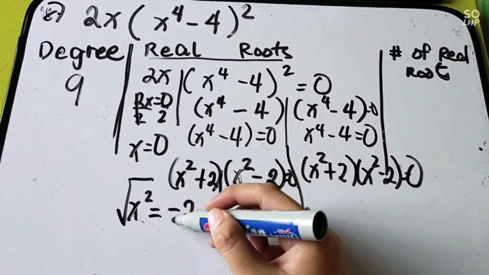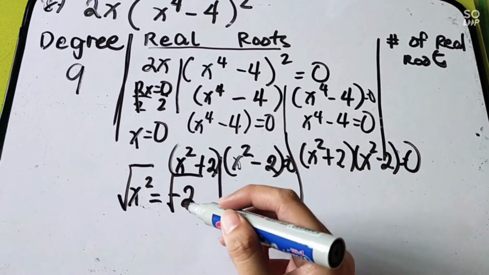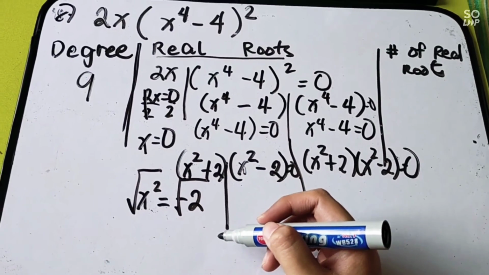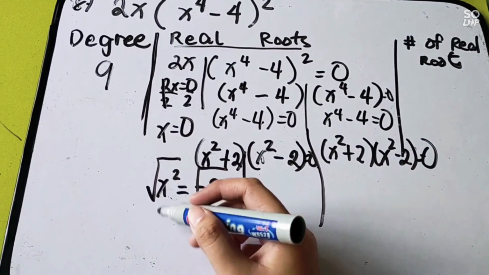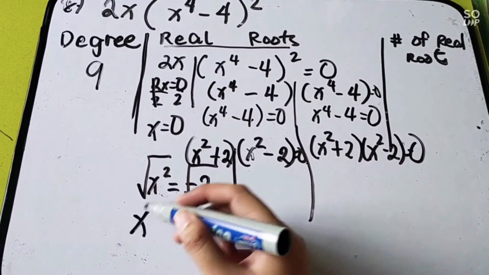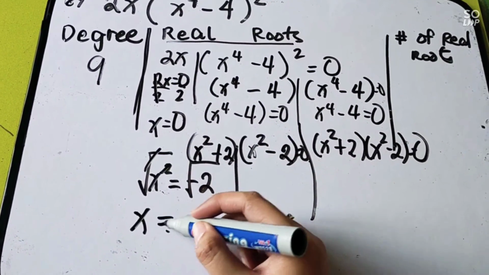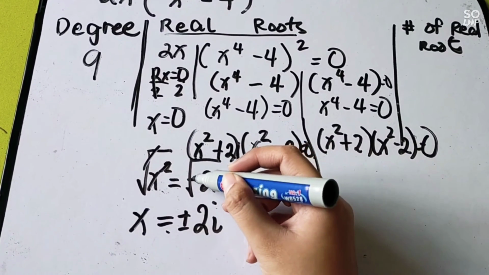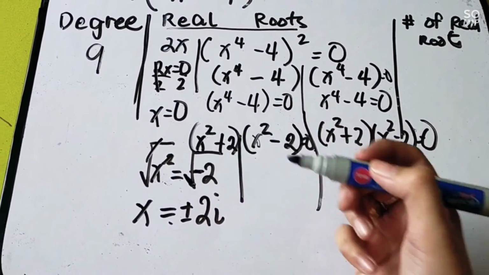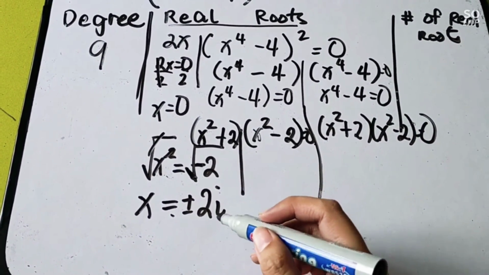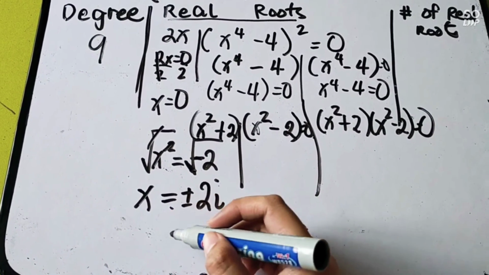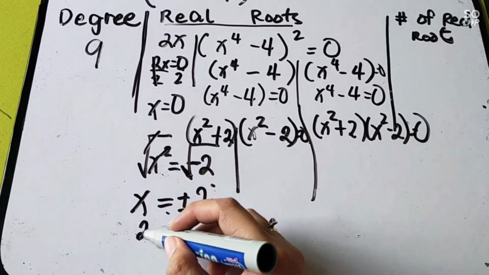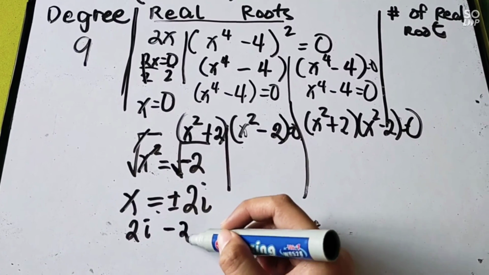If you are going to have the square root of a negative number, it becomes imaginary numbers. So, ang sagot dito ay x is equal to positive and negative 2i. Pag may negative sa loob ng square root, that is an imaginary number. So, may imaginary numbers ka na 2i at saka negative 2i.